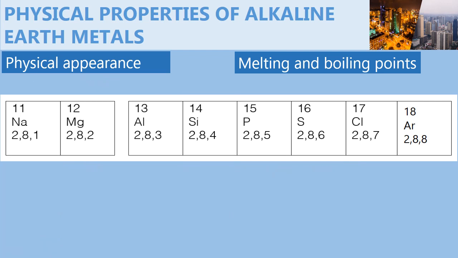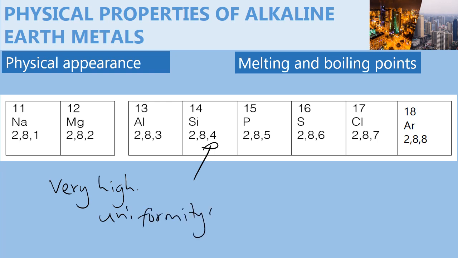As for the metalloid, which is silicon, it has very high melting and boiling points due to the uniformity of its covalent structure.